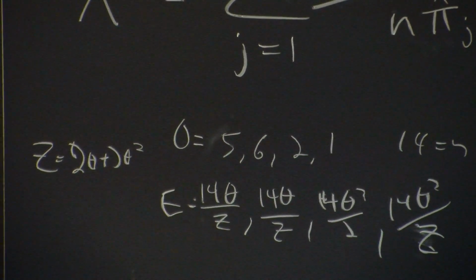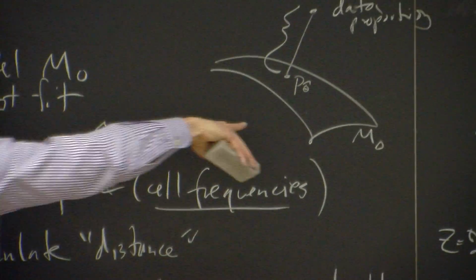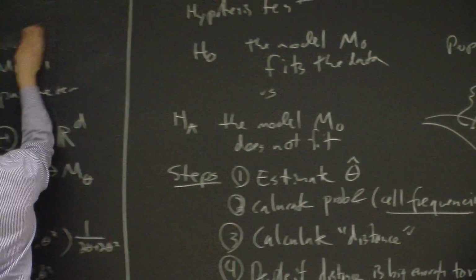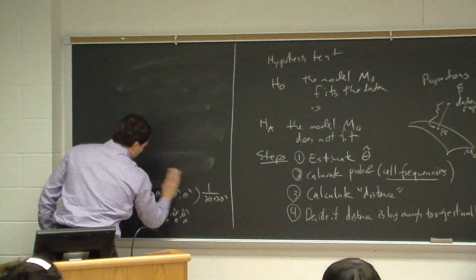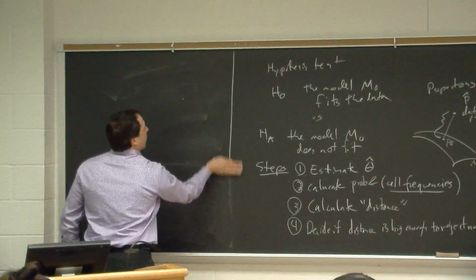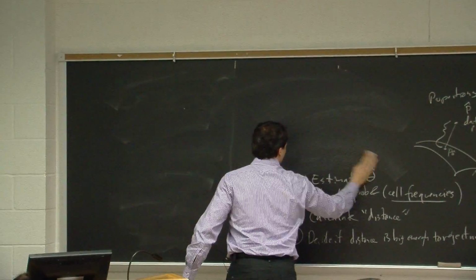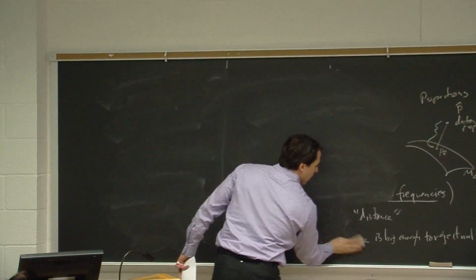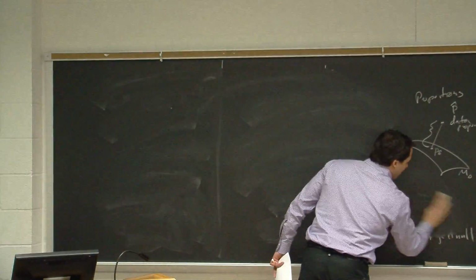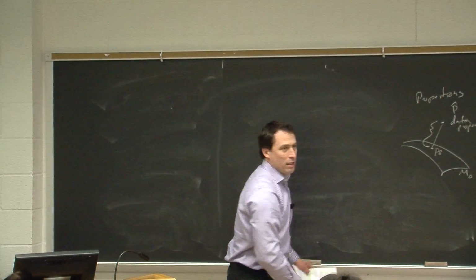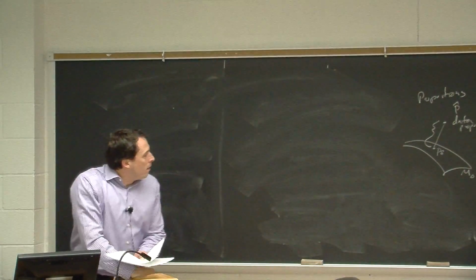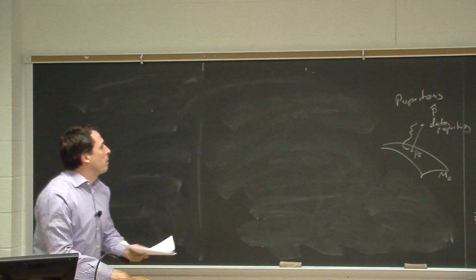And then the other approach: can I think of another way of measuring this distance? Euclidean distance is a little bit weird, because it doesn't really have anything to do with probability. Let me put it this way.